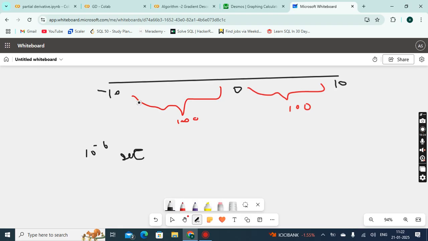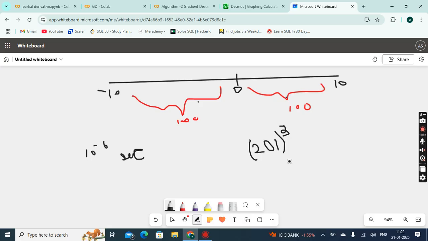Now when you see this and use permutation and combination, you find that the number of combinations that can be made is 201, because 100 values on each side and 0 is the center value. So 201 to the power of 3 is required.